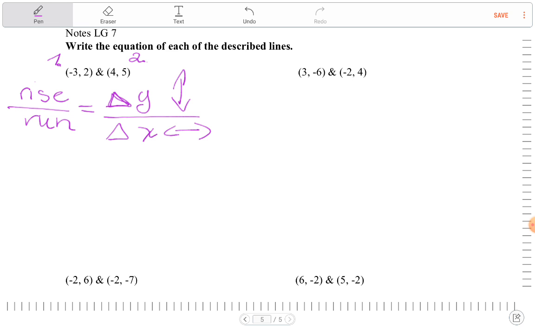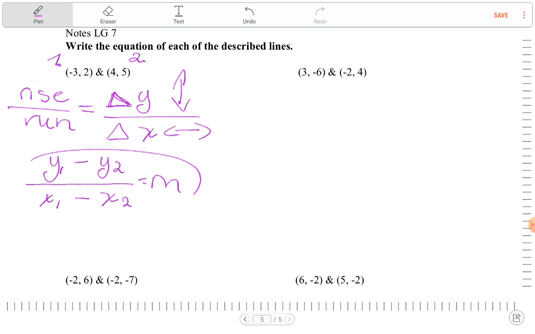So you take your y1, the y coordinate from your point 1, minus your y2. This gives you how much it changes over y. Then we put it over your x coordinate 1 minus your x coordinate from point 2. And this is the formula for slope.